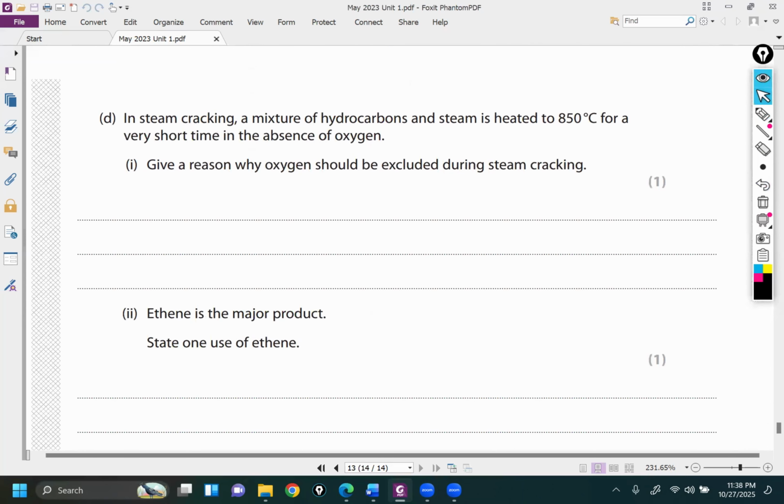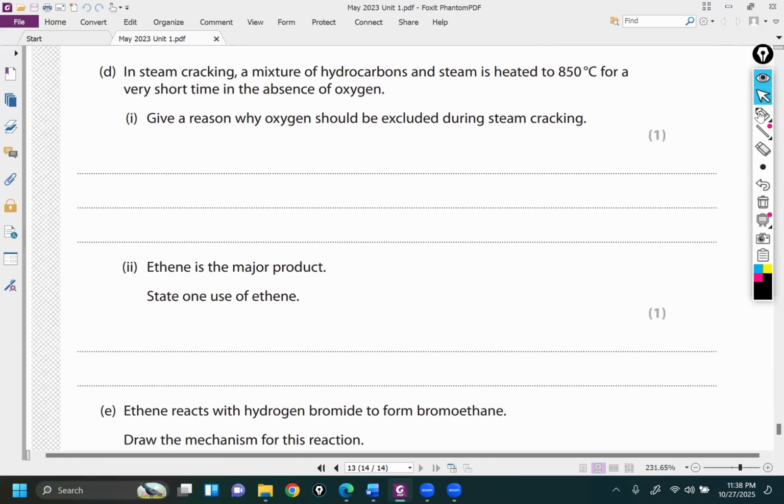In part D, in steam cracking, a mixture of hydrocarbons and steam at 850 degrees centigrade is heated for a very short time in the absence of oxygen. Give a reason why oxygen should be excluded during steam cracking. Keep in mind, we never use oxygen in the cracking process directly with hydrocarbon.